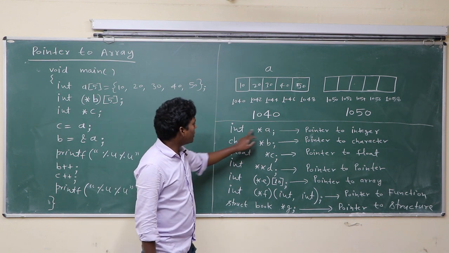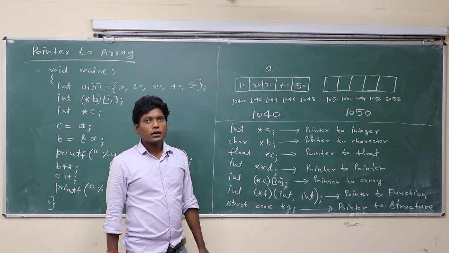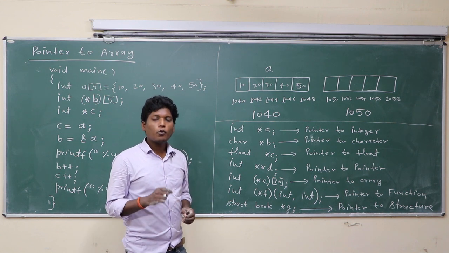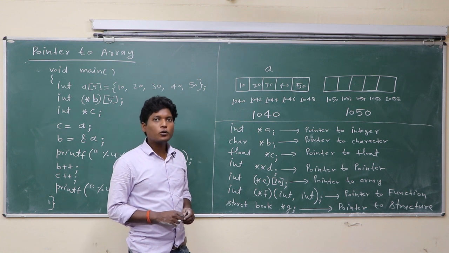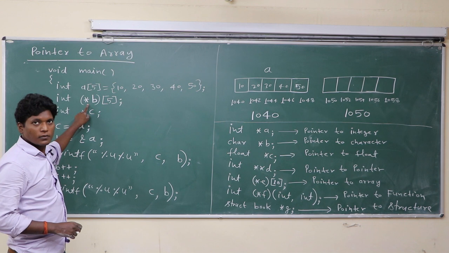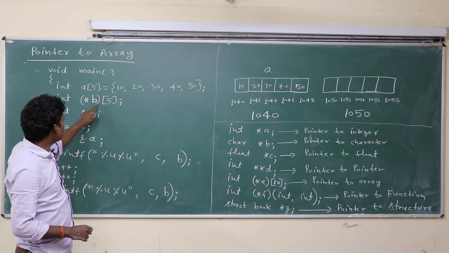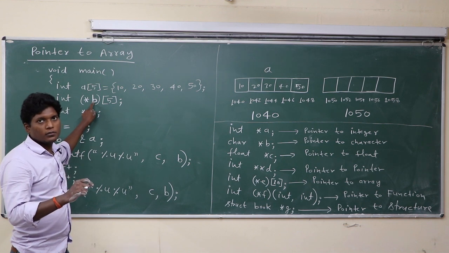Like the pointer to integer, pointer to character, pointer to float, there is also pointer to array. And this pointer to array is declared like this. This is the point. B is a pointer to array.